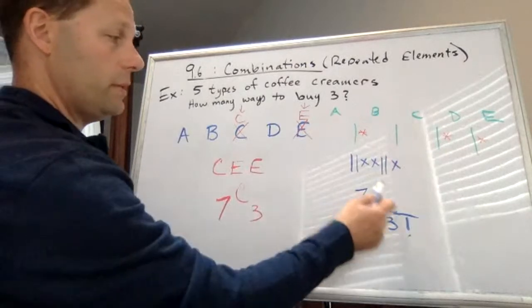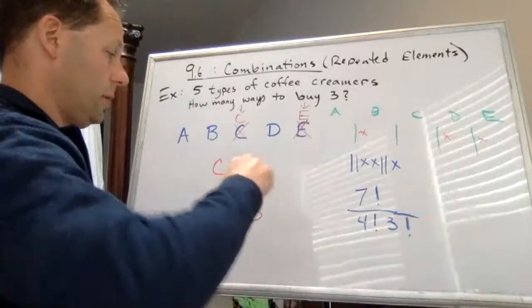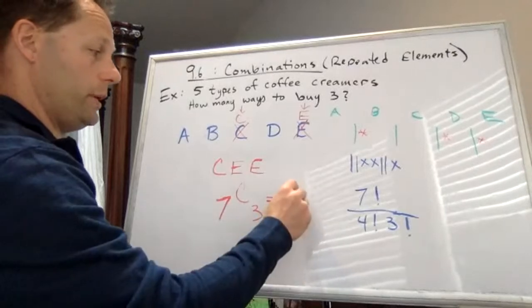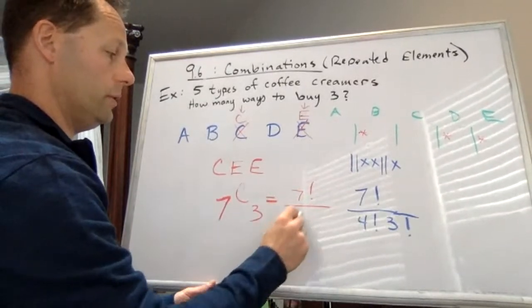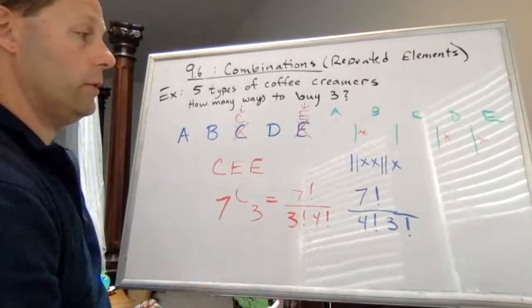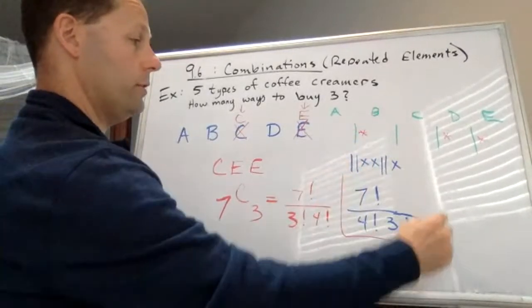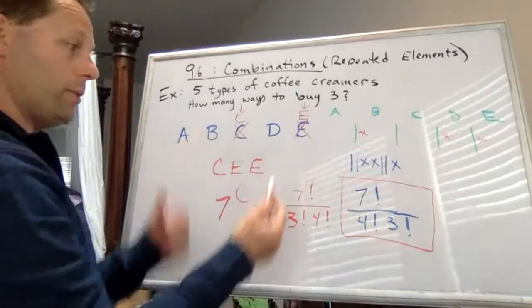But notice this calculation right here is exactly the same as what the formula for 7C3 would be, which would be 7 factorial over 3 factorial times 7 minus 3 is 4 factorial. So the stars and bars method led us to this being the number of ways to do the problem.